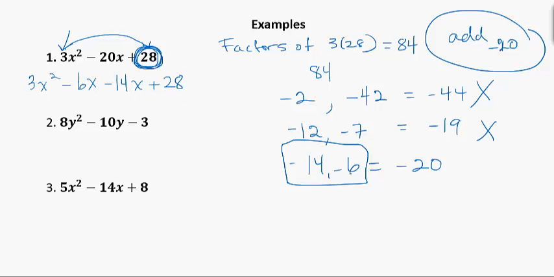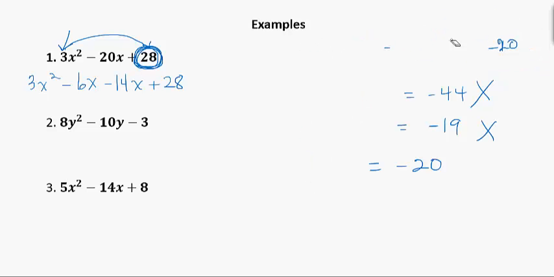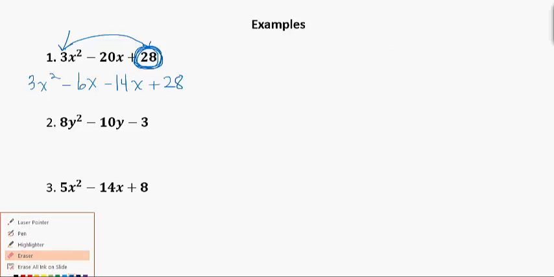Alright, so from here, I'm going to have to erase this for a second. We've rewritten this problem with 4 terms, and then we're going to factor this by what we call factor by grouping. Okay, so let's go back here.